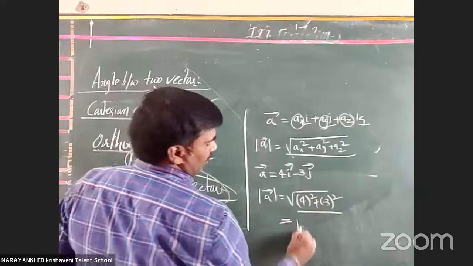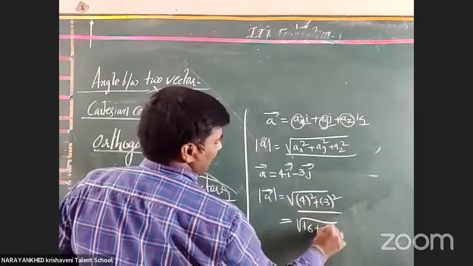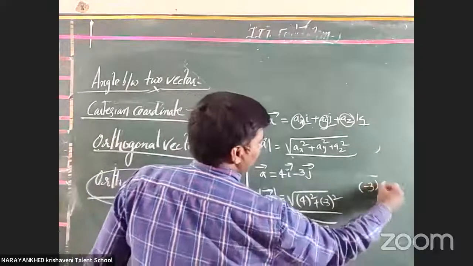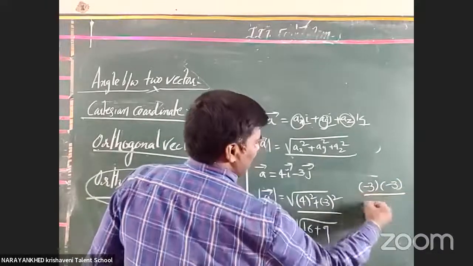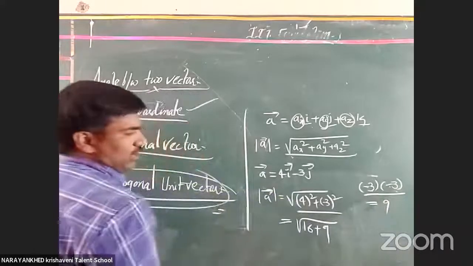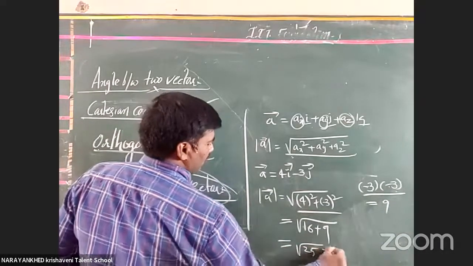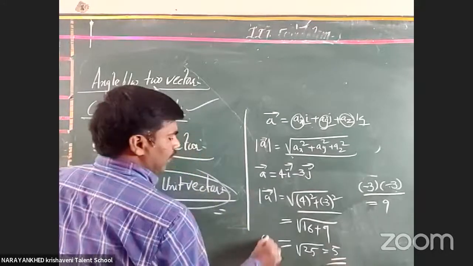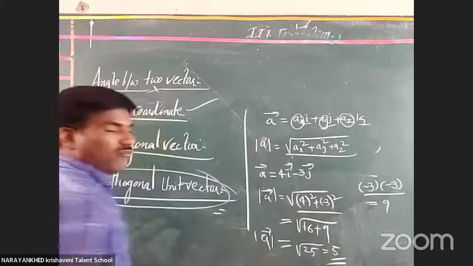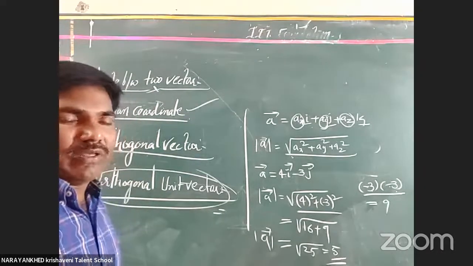This becomes 16 plus minus 3 whole square, which is plus 9. Clear or not? Minus 3 into minus 3, minus into minus is plus, 3 into 3 is 9. Then it becomes under root of 25, so the modulus of a bar is equal to 5. In this way we calculate the moduluses.